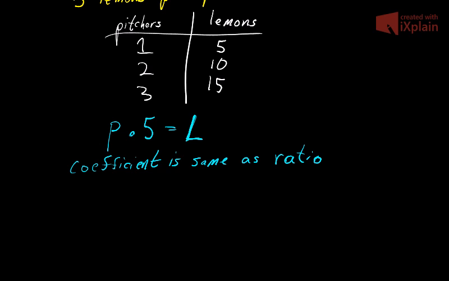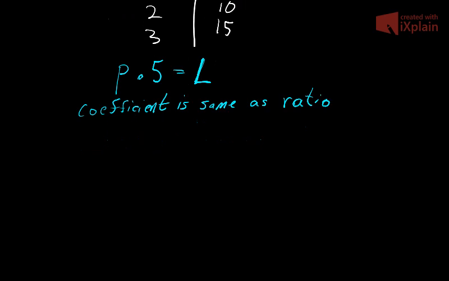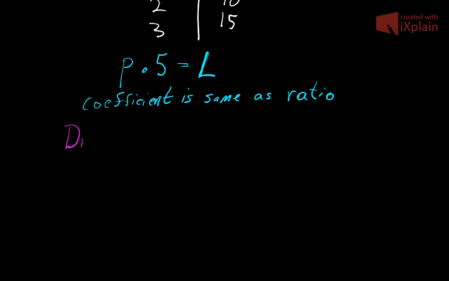So what I want to make sure that we define real quick before we go any further is having a real solid definition of direct variation. I'm going to write that right here. Direct variation is any time one variable is a multiple of another.